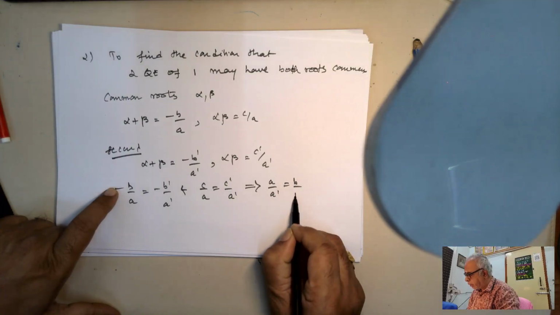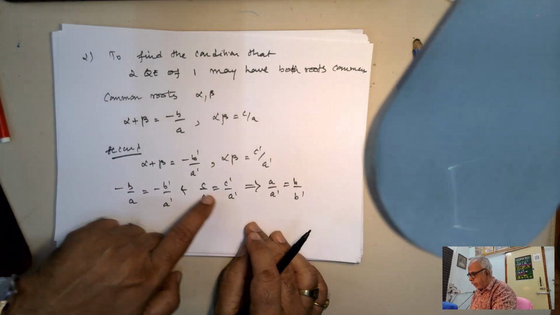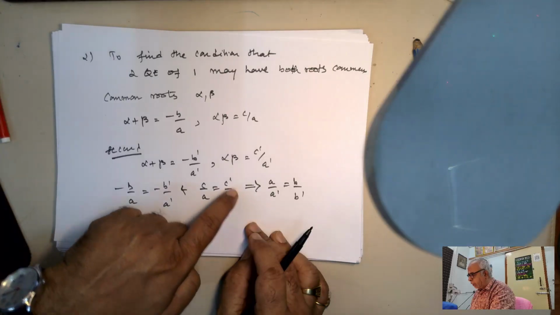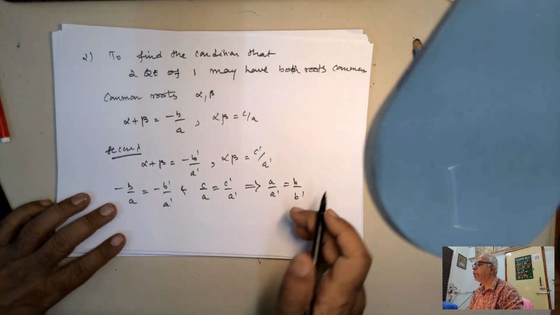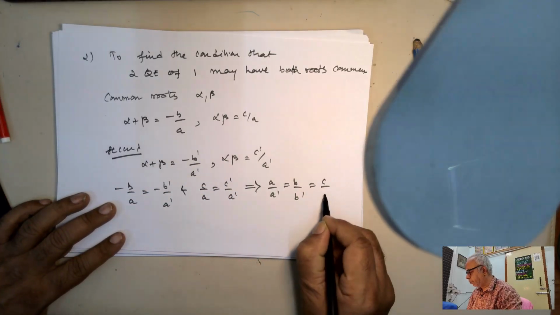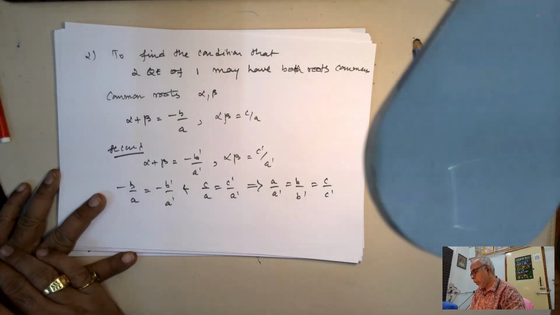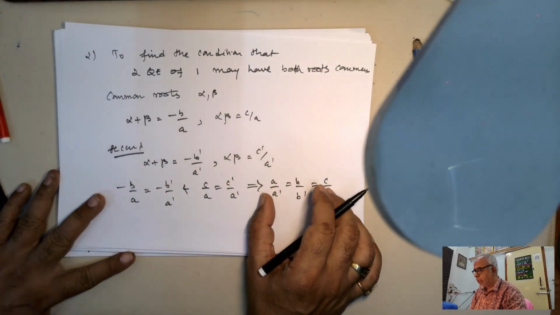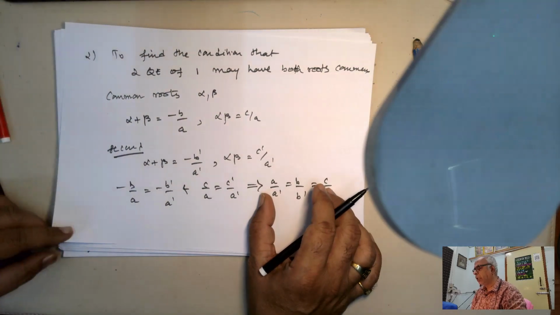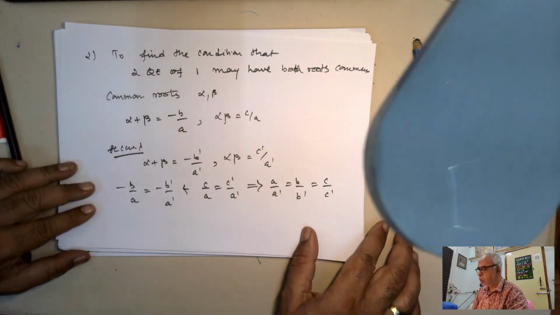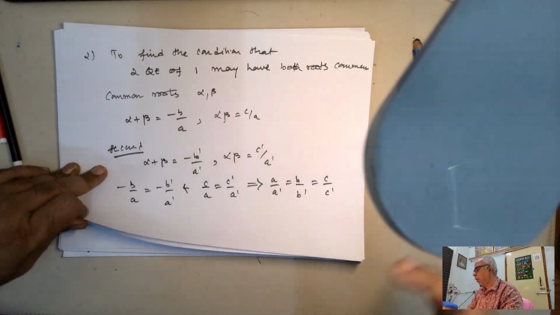Similarly, you can bring this c here and it becomes c by c dash. If it is the case, then you can say that the condition is achieved. So likewise, we have got two important conditions. Now let us discuss some problems based on this.